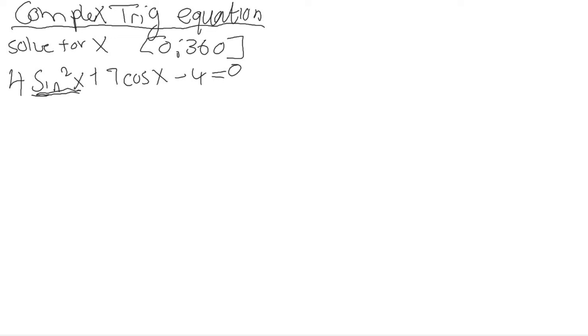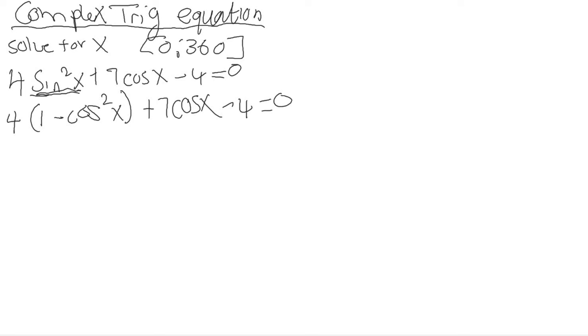So what we can do now is change the sine and write it in the form of cos, which is just 1 minus cos squared x, and then close it, and then plus 7 cos x minus 4 equals 0.